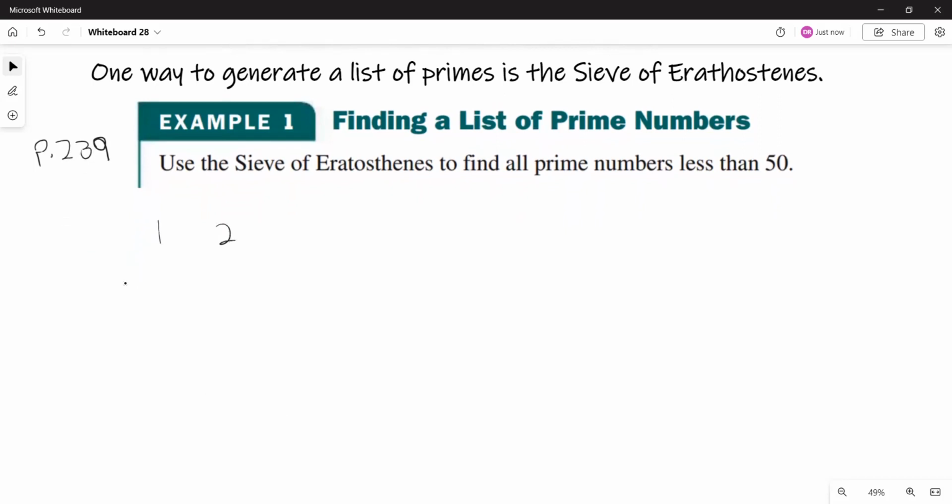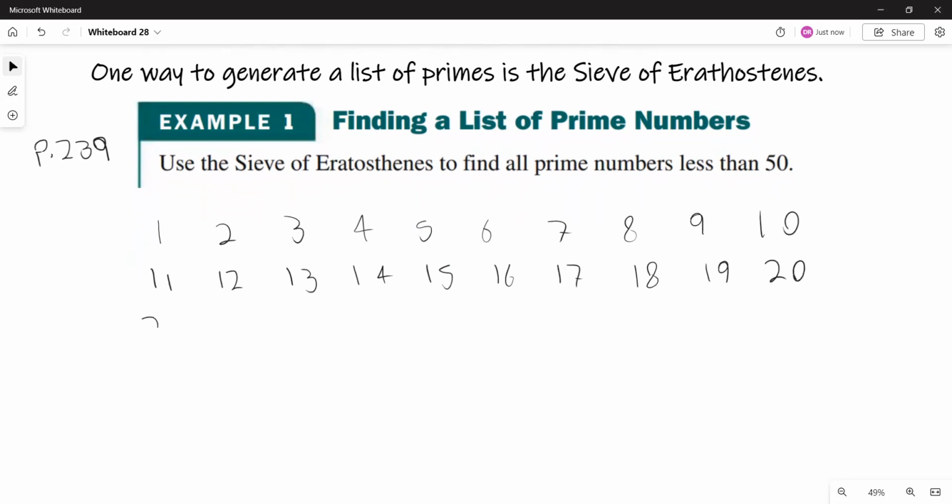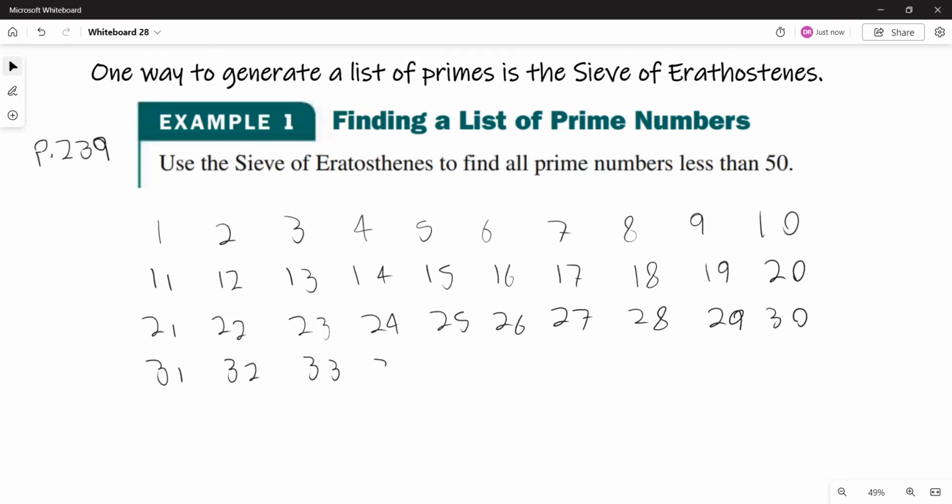So we're going to make a list of all natural numbers up to 50. Okay, I have 20 more. And the last 10.